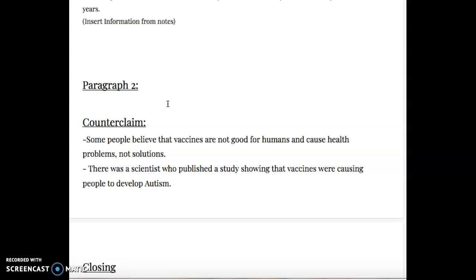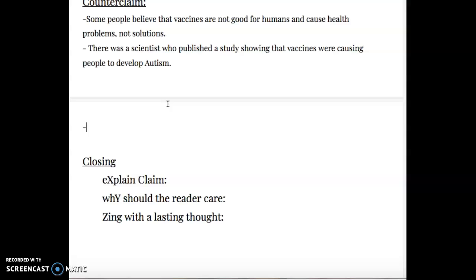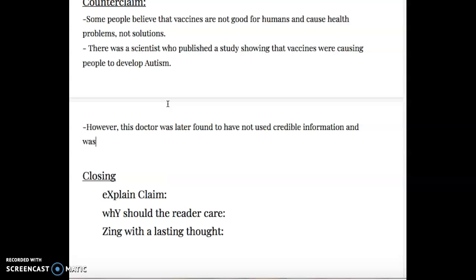The last part of your counterclaim is then how you have to come back and slam that down. You have to say why that's not correct. So here I would write something along the lines of, however, this doctor was later found to have not used credible information and was discredited in the health community.